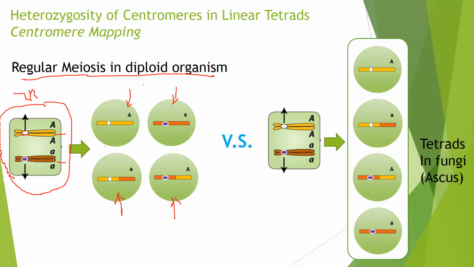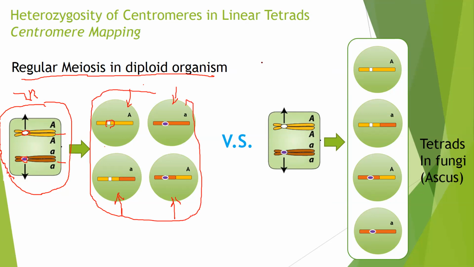We use the white one to represent the centromere for the first homologous chromosome, and the purple one for the second homologous chromosome. I use different colors because I want to show you the heterozygosity of the centromere as well. After the meiosis, we see 4 gametes here, but because they can move, they mix together. It is very hard for us to distinguish which centromere is from which parent.